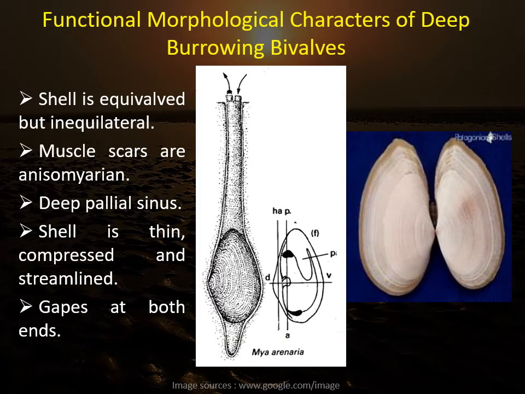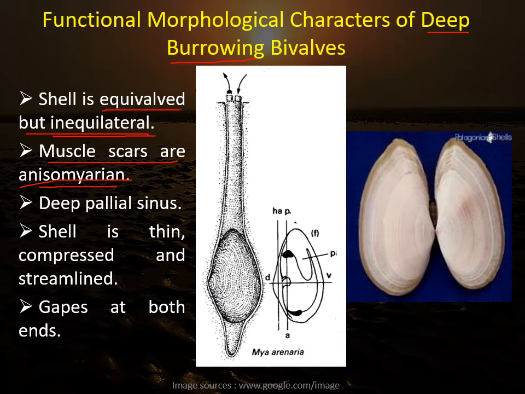Next, the group of bivalves having a deep burrowing mode of life. Now, in contrast to the shallow burrowing mode of life, these bivalves are equivalve, but they are strongly inequilateral. The adductor muscle scars are dimyarian and strongly anisomyarian.